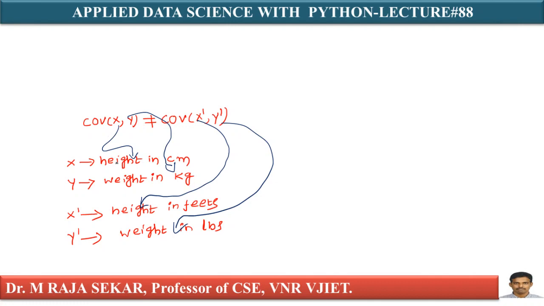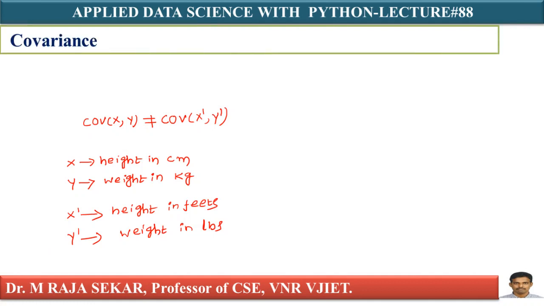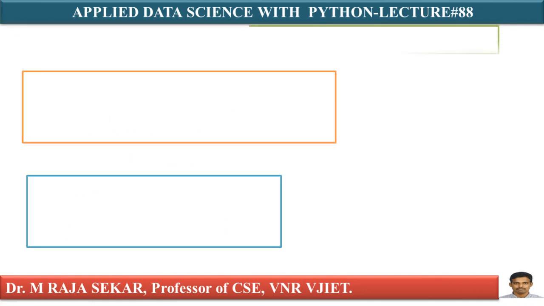Means I am converting centimeters to feet, kgs to lbs. Means covariance is altered. Covariance is affected by the metric which you choose. I will discuss this by taking one numerical example in my future classes. Time being, let me proceed further.